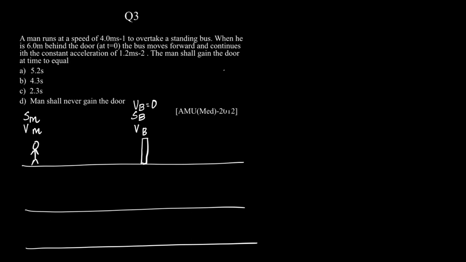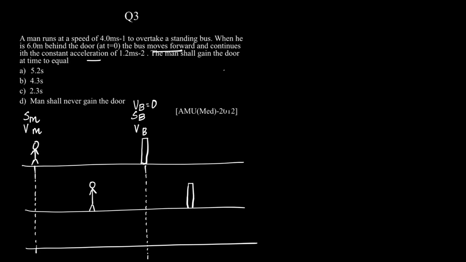Let me mark this as the man's position for reference and this as the bus position for reference. After some time, say for example, the man reaches here, and the bus was at rest, but it starts to move forward with an acceleration. Say for example, the bus reached here.